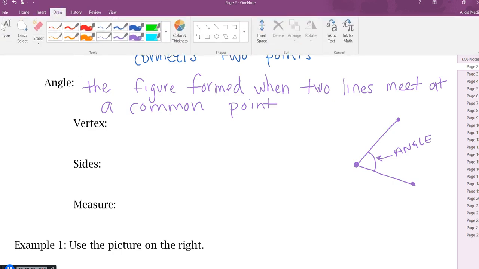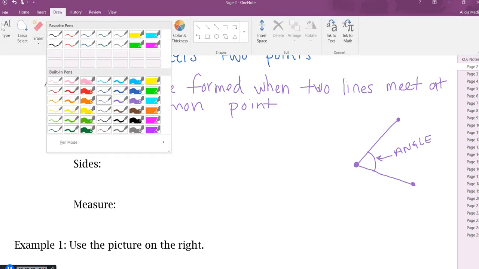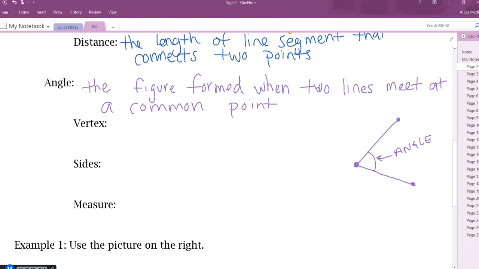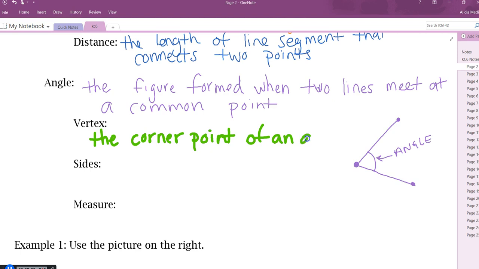So I'm going to go ahead and switch my color up. Let's use green. So this is the corner point of an angle. All right, so this right here, this is my vertex.